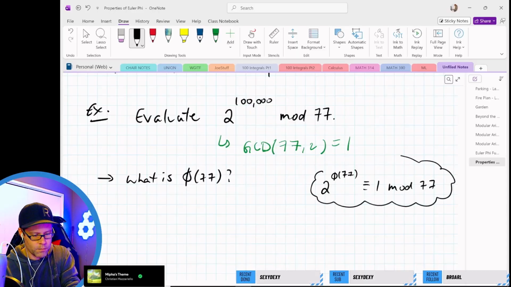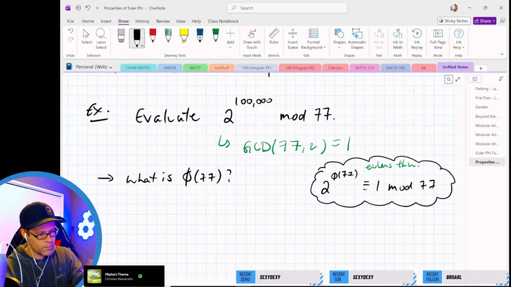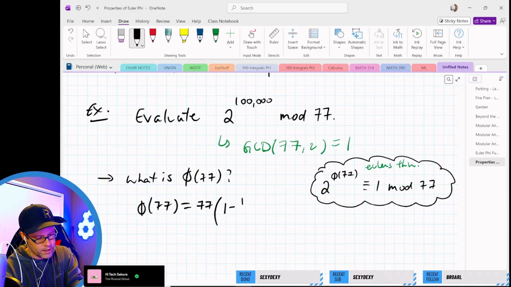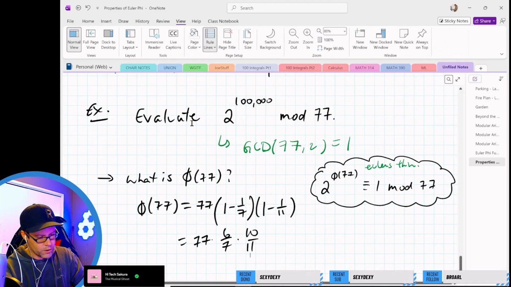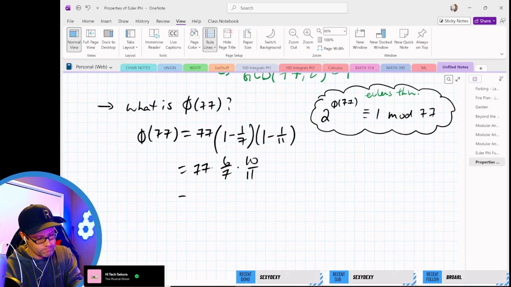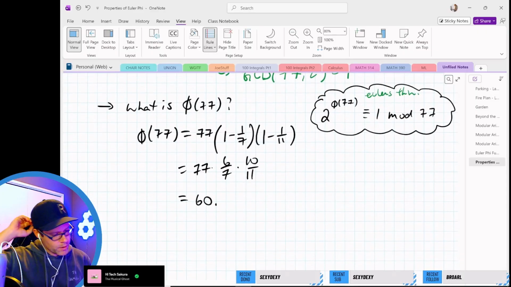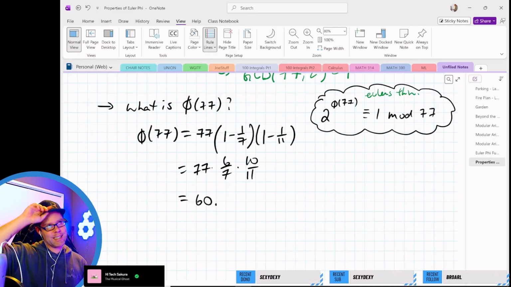This is Euler's theorem. So let's take a look at this. So phi of 77, there's only 2 prime numbers in here. So I need 77, 1 minus a 7th, and then 1 minus an 11th. So we get 77 times 6 sevenths times 10 elevenths. So we should get 60. So we know phi of 77 is 60.